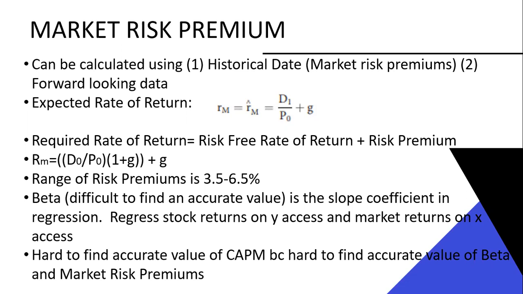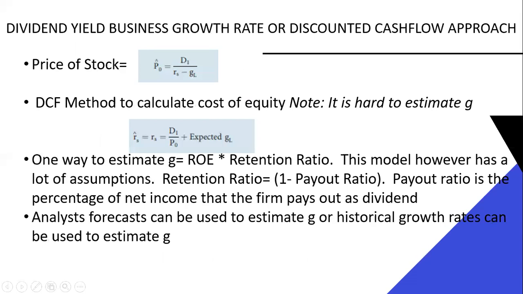So when you regress stock returns on the y-axis and market returns on the x-axis, that's how you generate the beta values. And because it's hard to find an accurate beta value, it's very difficult to calculate very accurate CAPM values. It's also very difficult to calculate market risk premiums. And that's why in some cases, the discounted cash flow approach is used.